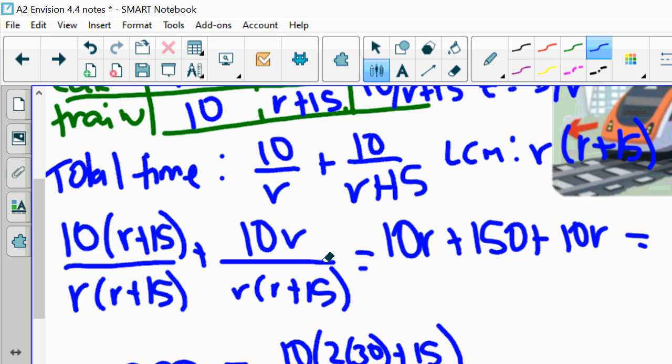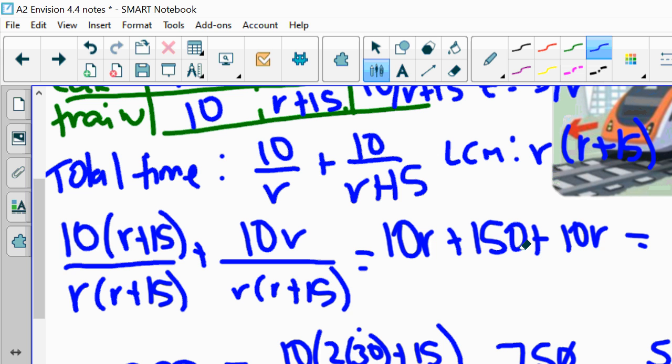On top, 2 times 30 is 60, 60 plus 15 is 75, and 75 times 10 is 750. 30 plus 15 is 45, and 45 times 30 is 1350. This will reduce: 75 and 135 reduce to 5 over 9. This is 5/9 of an hour.